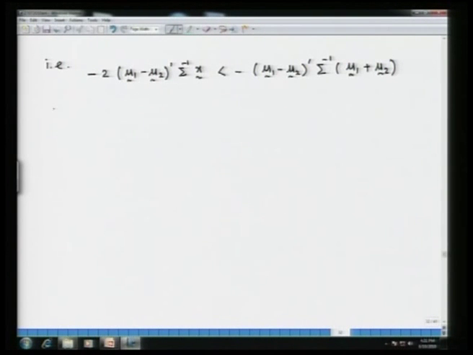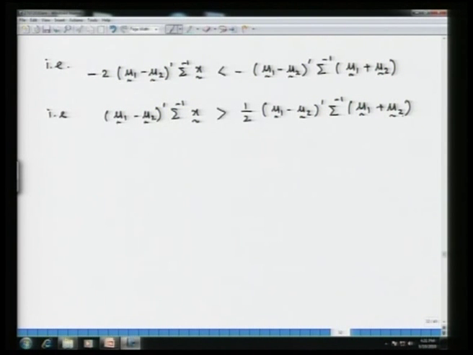So, what we have is this mu 1 minus mu 2 prime sigma inverse x, this is greater than half of this mu 1 minus mu 2 prime sigma inverse mu 1 plus mu 2. So, when this is the ECM minimizing rule, remember that this is the region R1.